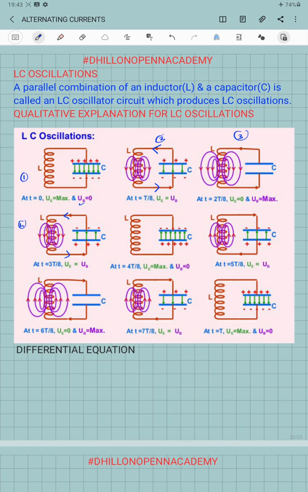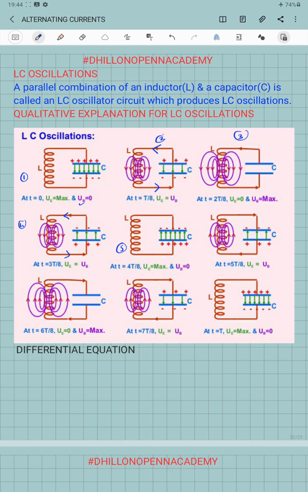You can see in the first figure that the upper plate of the capacitor was positively charged, but now the capacitor's lower plate is getting positive charge due to the induced current arising from the collapsing magnetic field of the inductor. After some time, the full magnetic energy of the inductor will disappear and be converted into the electrical energy of the capacitor due to the induced current coming from the inductor.